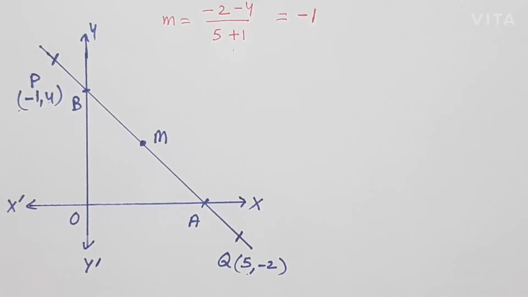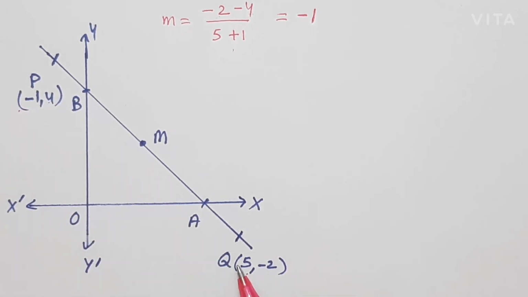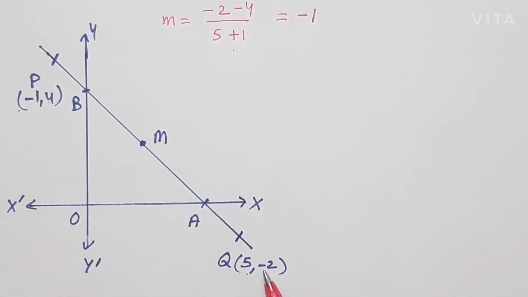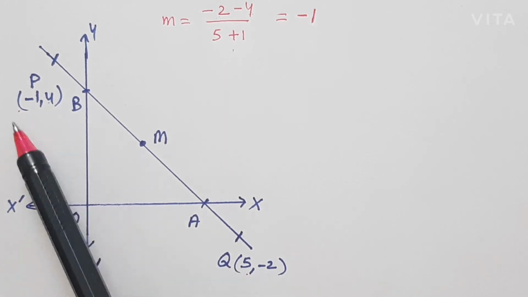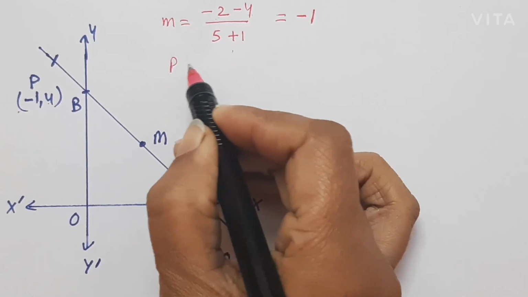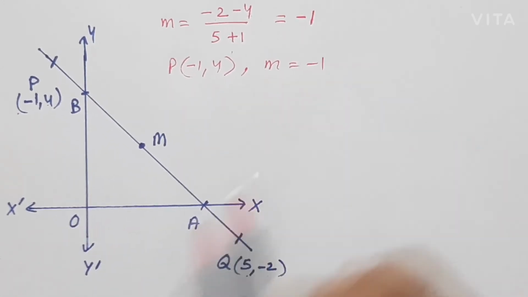Now let us find the equation of this line. Now you can see on this line there are 5 points: P, B, M, A, Q. Out of these 5 points, only the coordinates of P and Q are known to us. So let us take any one coordinate and find the equation of PQ. Let us take the coordinates of P as (-1, 4) and consider slope as -1.